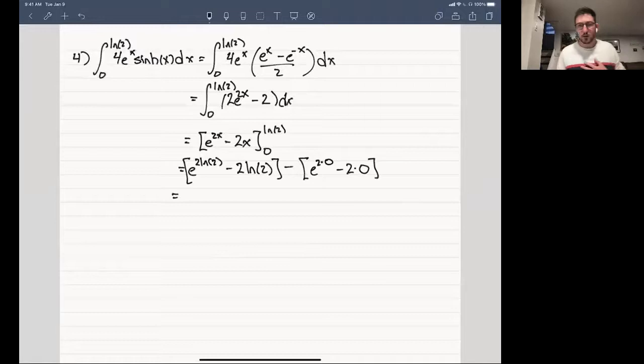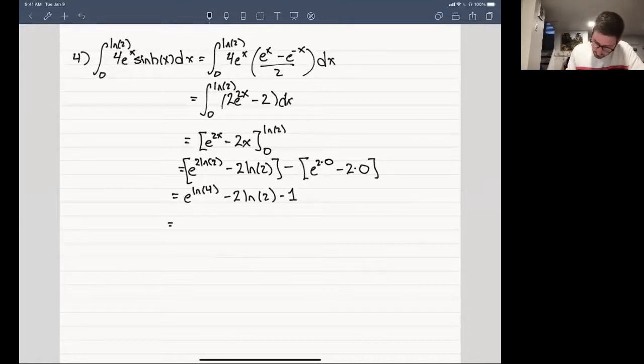The reason I wanted to do this is so that I could show you that the exponential terms are actually going to simplify quite a bit. There shouldn't be a single e left in your answer, because we can use the fact that this is e to the ln of 4, 2 to the power of 2, minus 2 ln of 2, and then minus 1. That's the e to the 0 part right here.